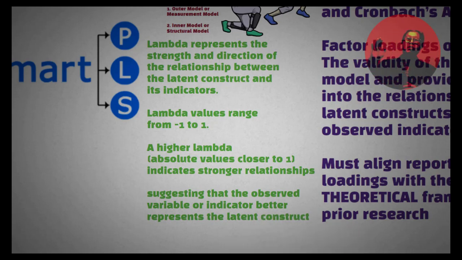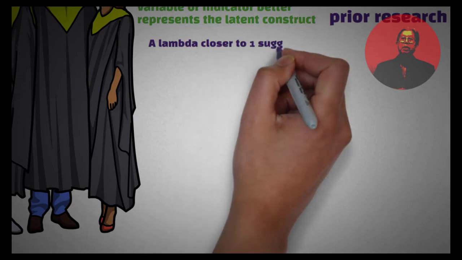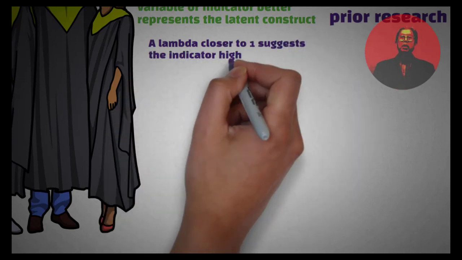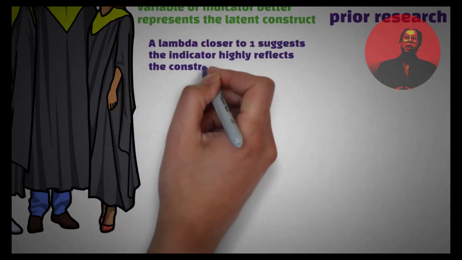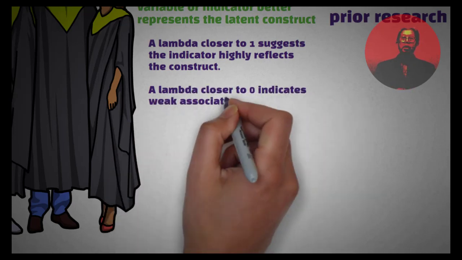Higher lambda, absolute value closer to 1, indicates stronger relationship, suggesting that observed variables or indicators better represent the latent construct. And lambda closer to 1 suggests the indicator highly reflects the construct.